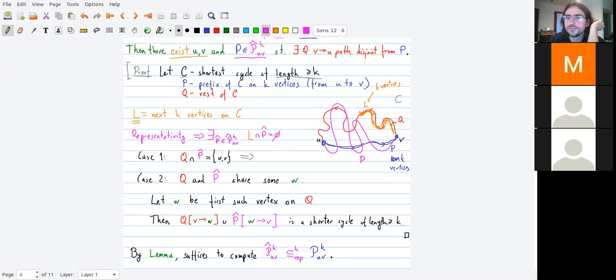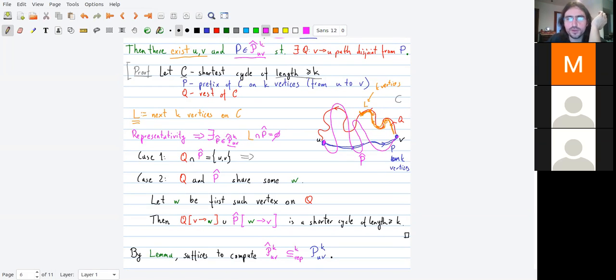Let's call it P hat, that starts at U and ends at V. It has k vertices as all the paths in P, and is also disjoint with L. This follows from representativity.